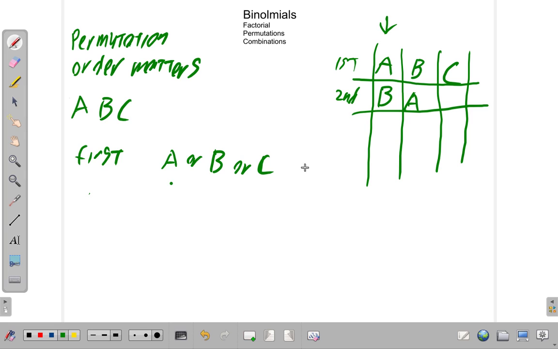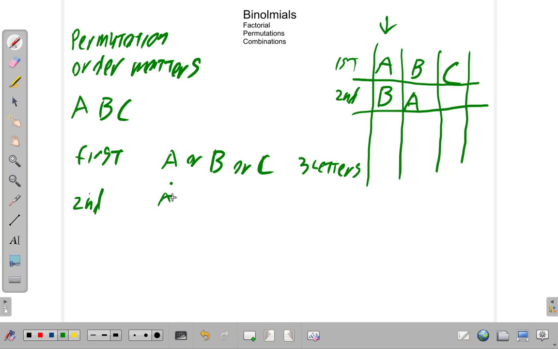So the first position has 3 letters available, all right? Now, for the second, in the second position, after I put down my first letter, I have only 2 left.